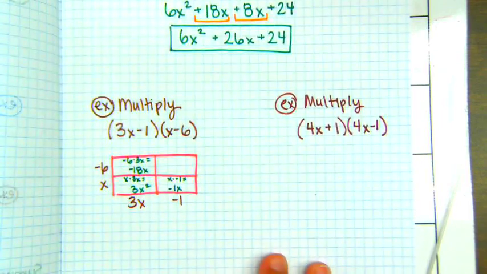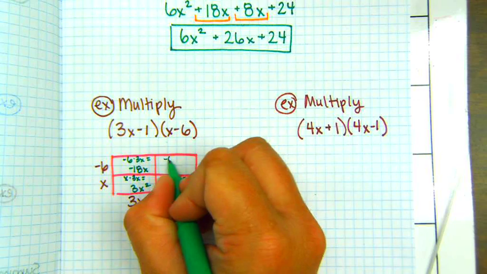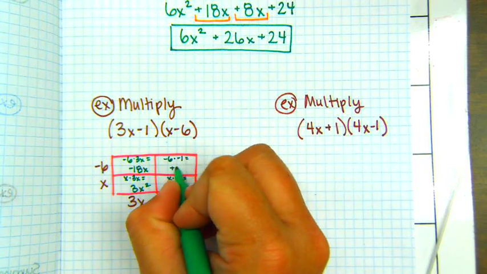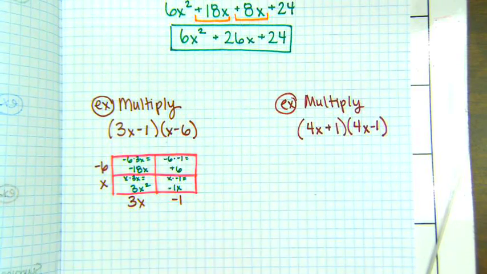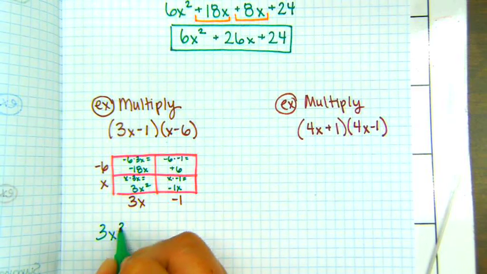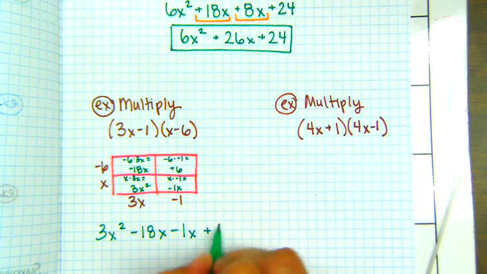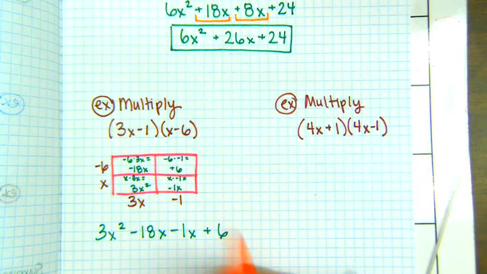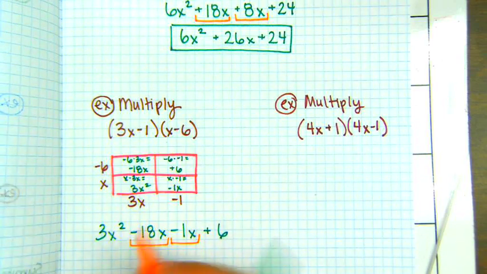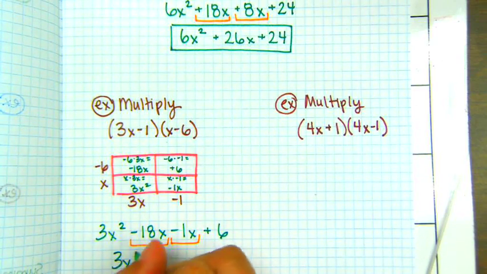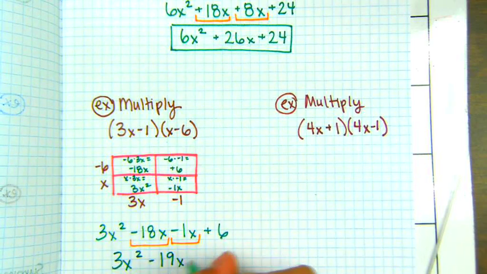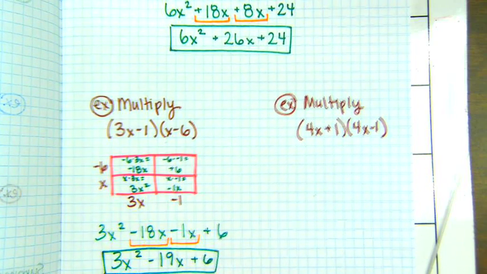And then negative 6 times negative 1 equals a positive 6, because a negative and a negative make a positive. Be super careful with those negatives. That's why I like to write the signs. Rewrite what we have on the inside. Combine like terms. And we have 3x squared minus 19x plus 6 after we combine like terms.